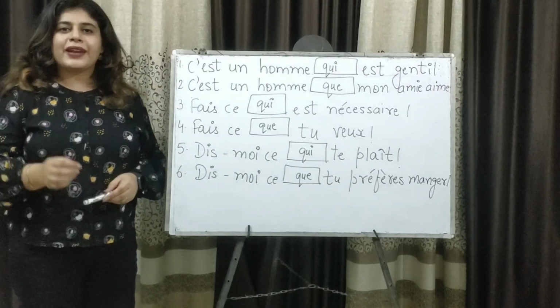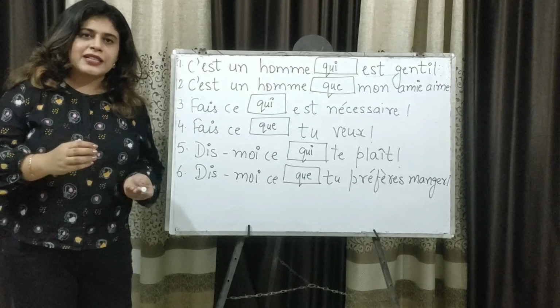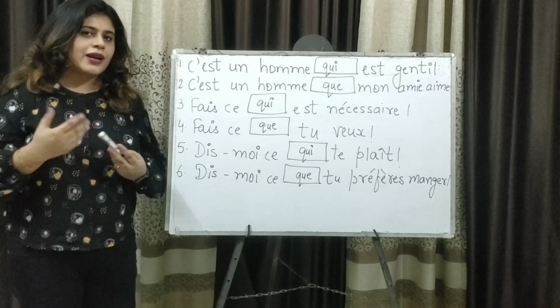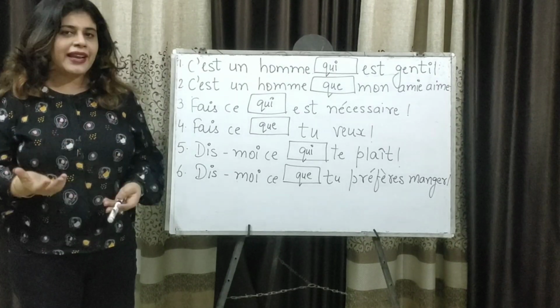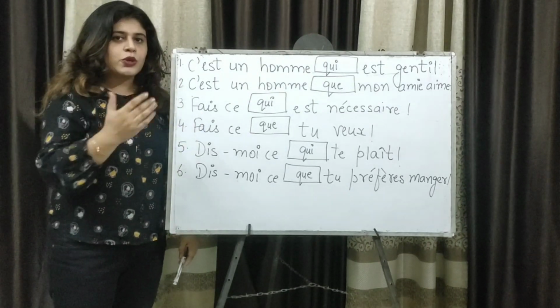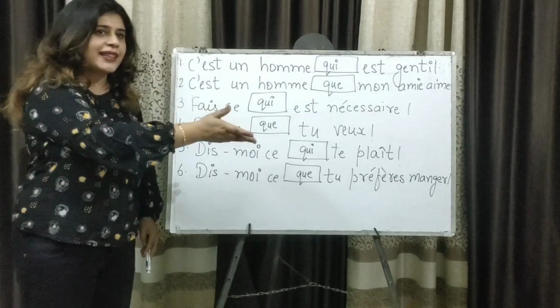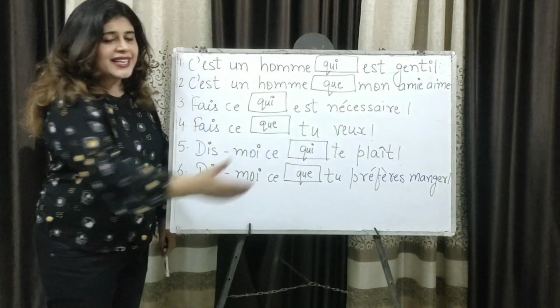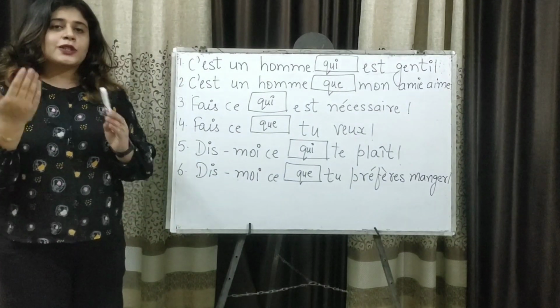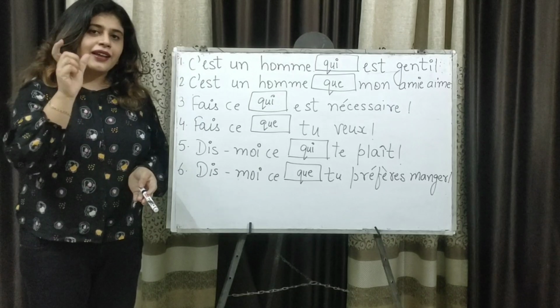Finally, we have a few cases where that common noun is missing. So we assume either it is something or someone. Quelque chose or quelqu'un. Regardez par exemple. Faire, do something. Now we'll assume that it is something that we need to see there. Est nécessaire. So something is necessary, quelque chose est nécessaire.